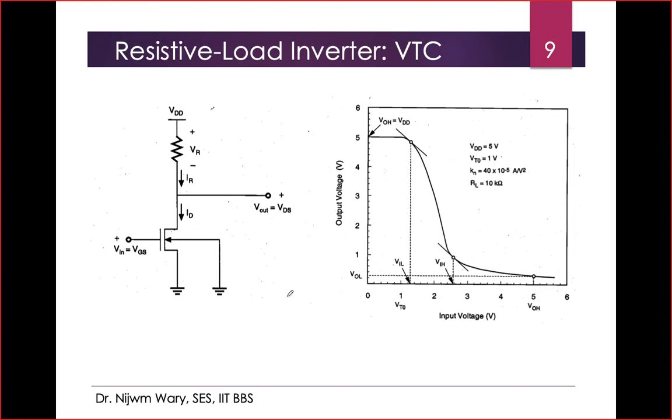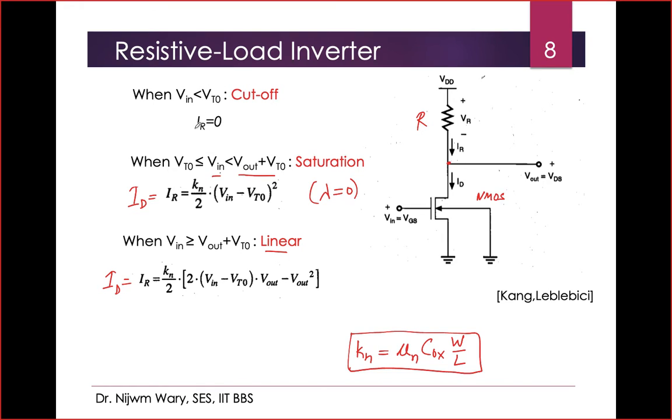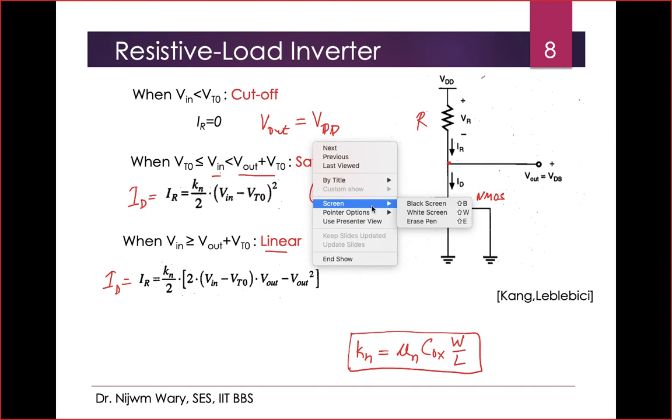So now, if I try to plot the VTC of the inverter, it will look something like this. So this is my VOH, as we have seen. Whenever it is in the cutoff state, IR is 0, then Vout is equal to VDD.